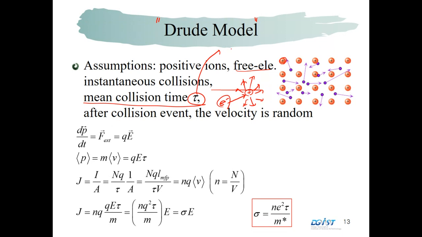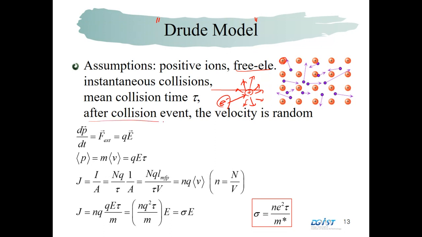We call this tau the mean collision time or the relaxation time. There are many names, but the important thing is that we assume such average behavior.